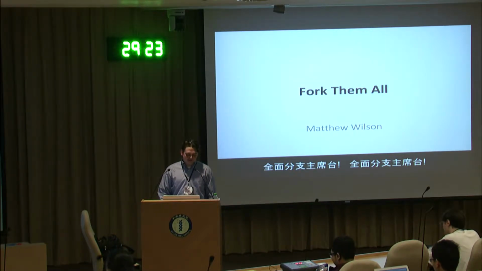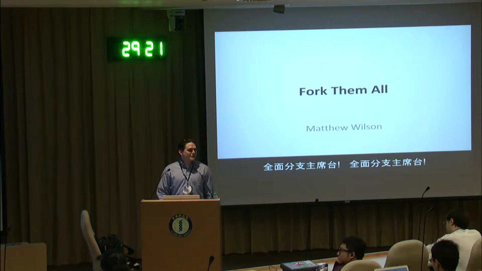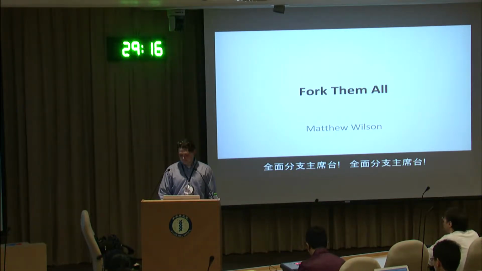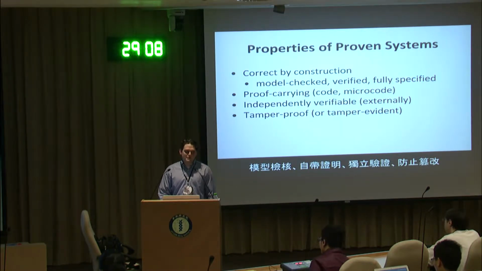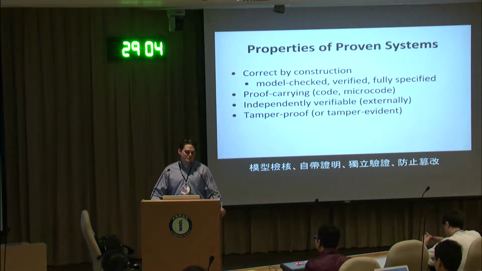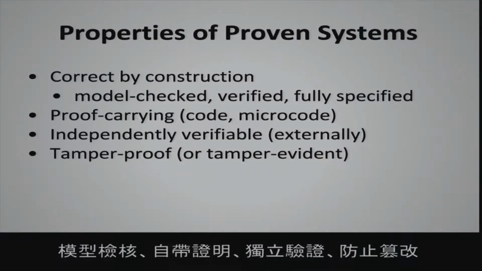Anyway, I'll get started. So I'd like to talk today about forking and about forkability in general. But I want to start with talking about some properties of proven systems, systems that people have used formal methods of computer science to prove the correctness of, of certain properties.